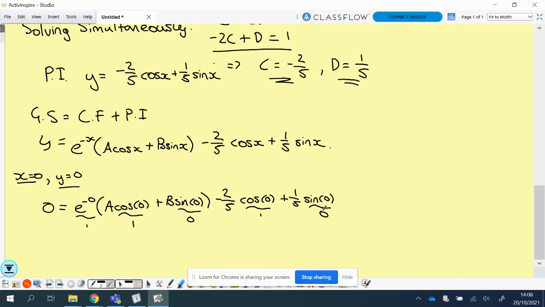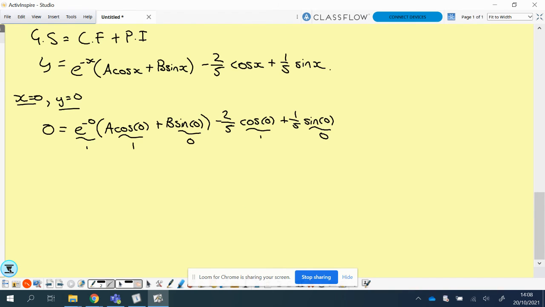So what that comes down to quite nicely is that 0 equals a cos 0, which is just a because cos 0 becomes 1, and the minus 2/5. So 0 equals a minus 2/5. Therefore, the value for a has to be positive 2/5.